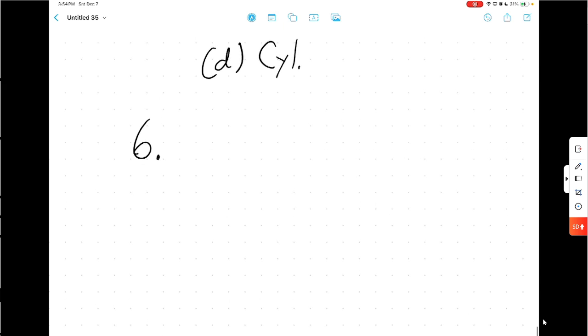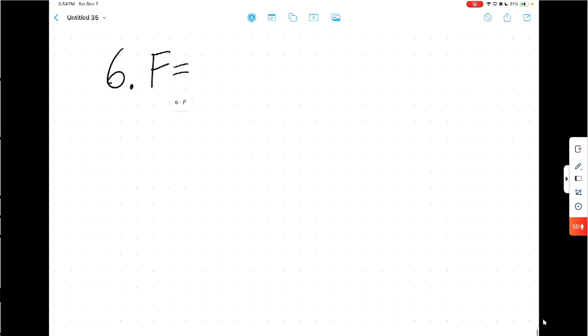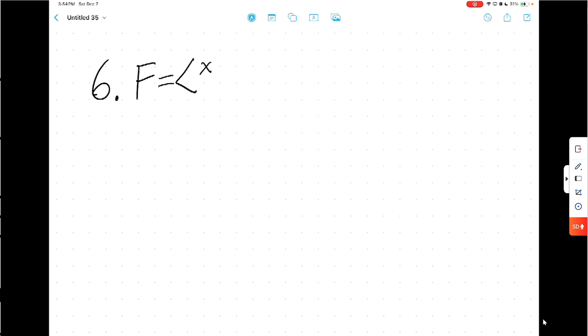Okay, so question 6 has a vector field. F is equal to the vector x squared over 4 minus y squared over 2, comma x plus 2y.